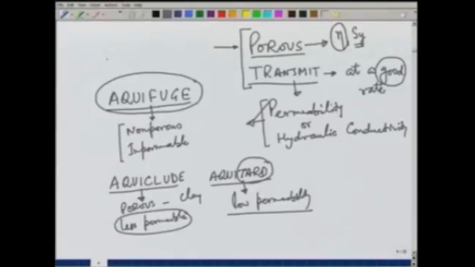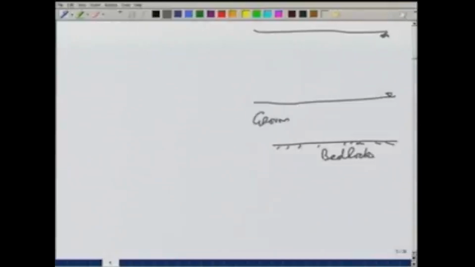So, we have to answer the questions as to how much water can be taken out and how deep will we have to go for pumping the water. In other words, for any aquifer, if this is the ground level, water table and there is bedrock here, this is the ground level.